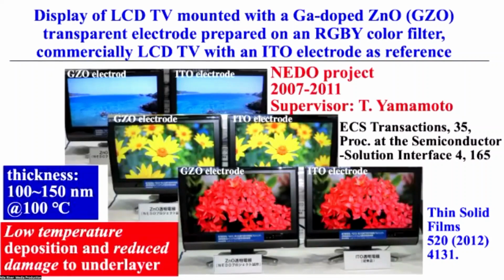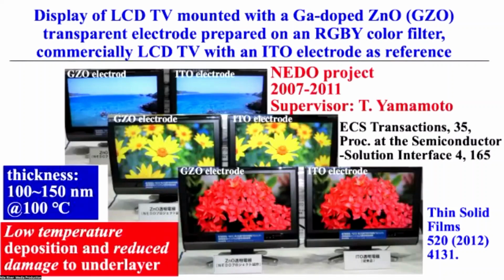mounted with a gallium-doped zinc oxide-based transparent electrode prepared on RGB color filter. Those televisions were fabricated by the Sharp Corporation using the conventional mass production lines. Okay. And the point is low temperature deposition due to the weak heat-resistant color filter and reduce the damage to the underlayer.